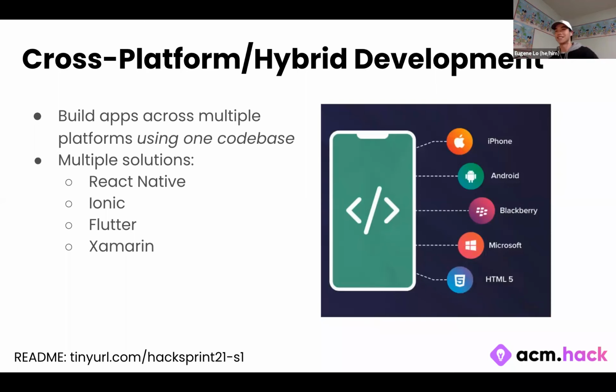This is really magical. You've probably heard of multiple solutions. I see Flutter in the chat. Yes, Flutter is one of those technologies. One we'll be talking about today, which is by far the most popular currently, is React Native. And you also may have heard of Ionic and Xamarin. These are all basically just solutions to the same issue of having to learn all these different technologies just to build your app on multiple platforms.